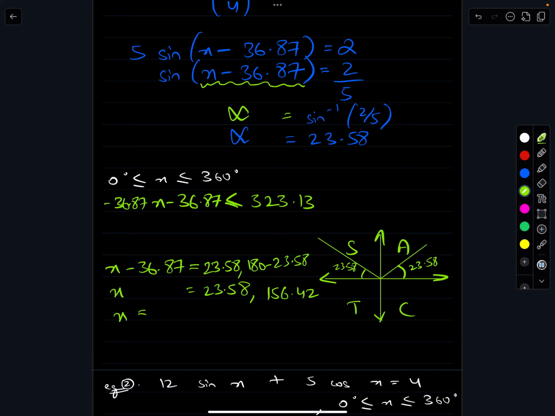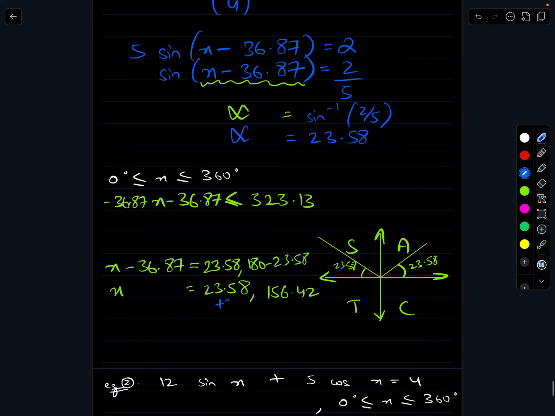Rather, plus 36.87, plus 36.87. This would give me 60.45 and 193.29. We worked in decimals.